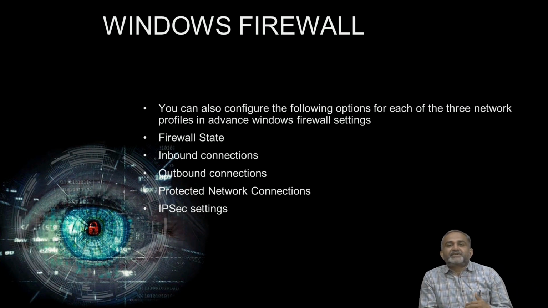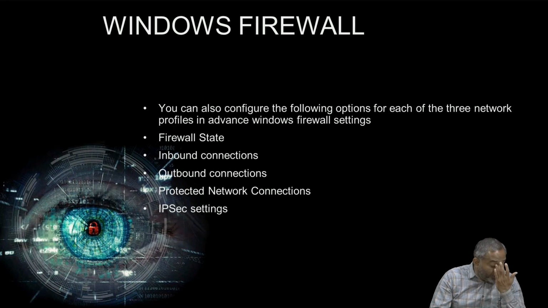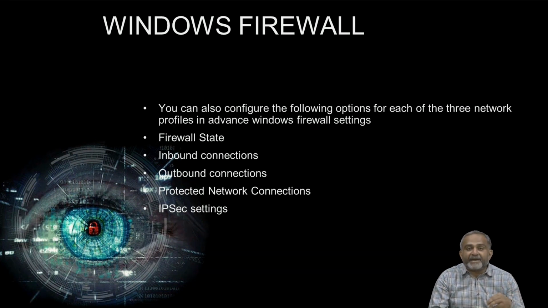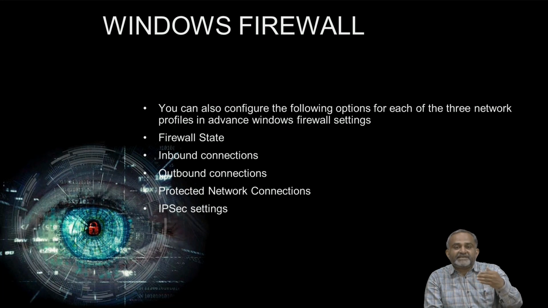The firewall state means the level of security is defined, and the network administrator or user can change the state of the firewall. So high, medium, low. These are the security states.